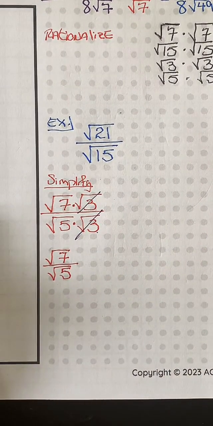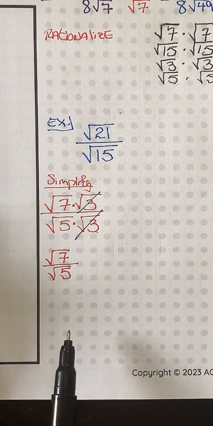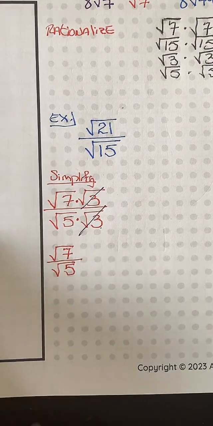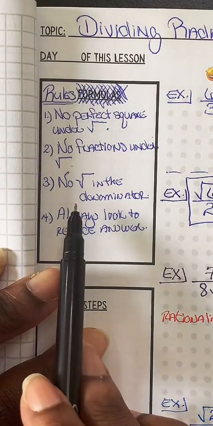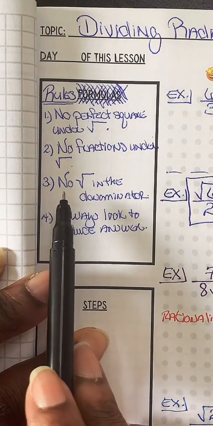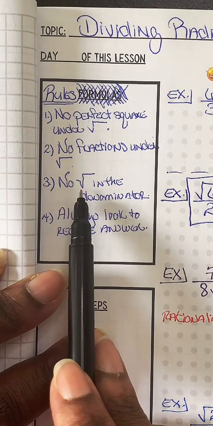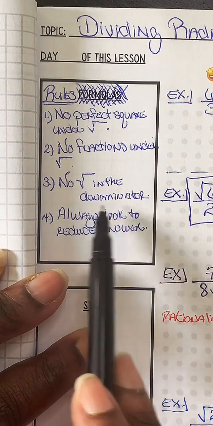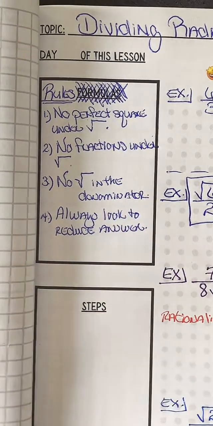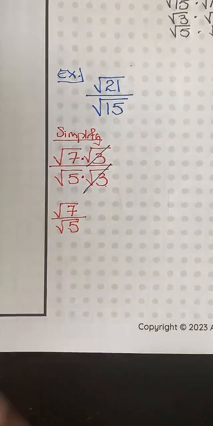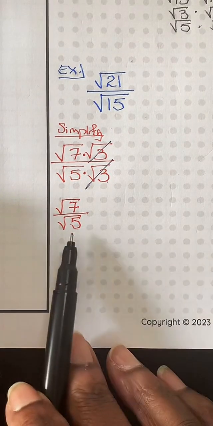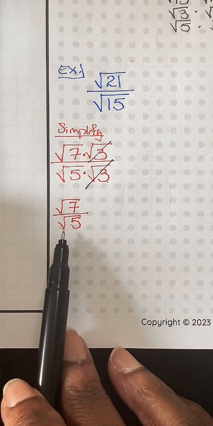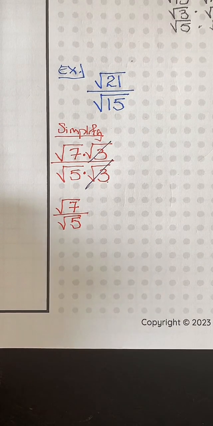But remember, rule number 3. This is when Squid Games is going to come into effect. No radicals in the denominator. So this cannot be our final answer because we cannot have this square root of 5 in the denominator.